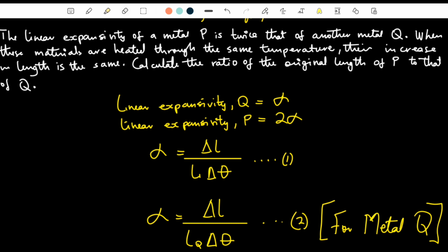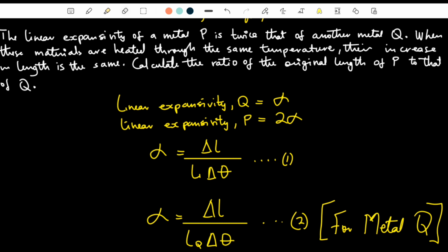Calculate the ratio of the original length of P to that of Q. One thing we should note here: you have the same temperature for both metals, and the change in length for both of them is the same. So we're not going to focus on that.